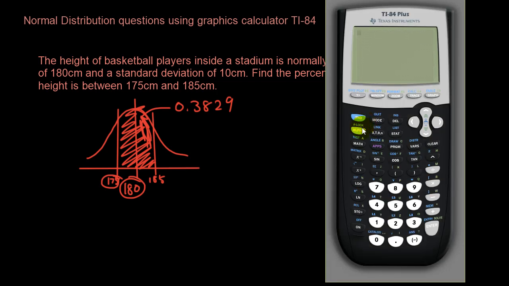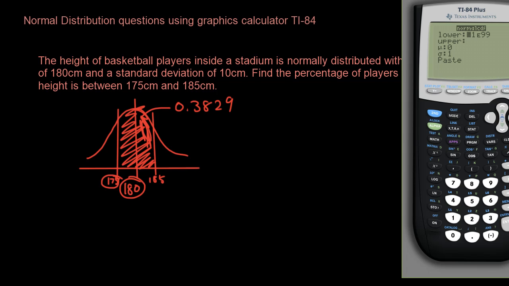Now, if you don't have the silver edition, you might have a normal TI-84 Plus, and in order to do that, you would still go to second VARS, and then number 2, normal CDF.